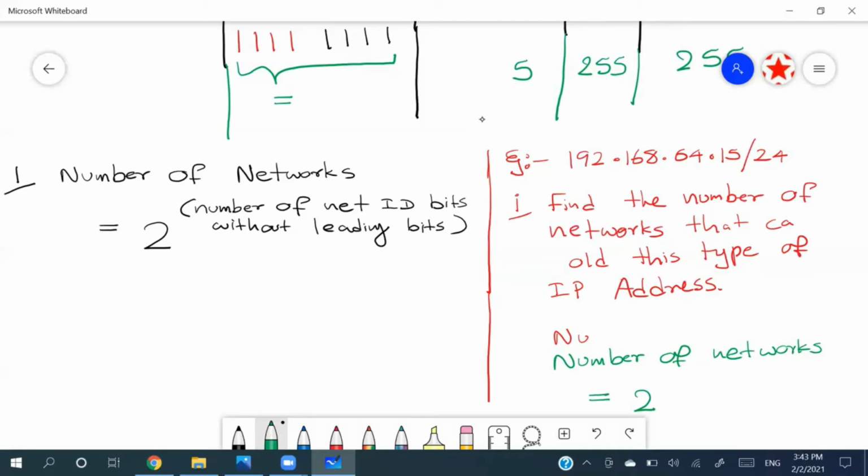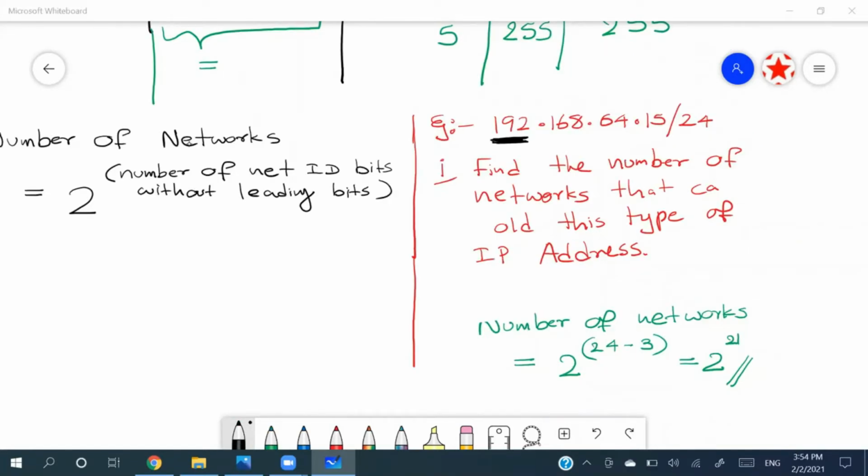If you refer to the graph or the table that you drew in the previous day, you can see 192 belongs to class C, and class C has 3 leading bits, right? So you deduct 3 leading bits from the 24. So it's 24 minus 3, which gives you 2 to the power 21 as the answer.